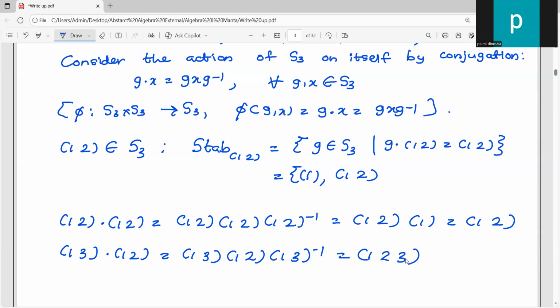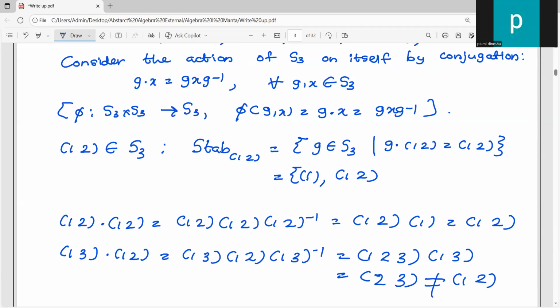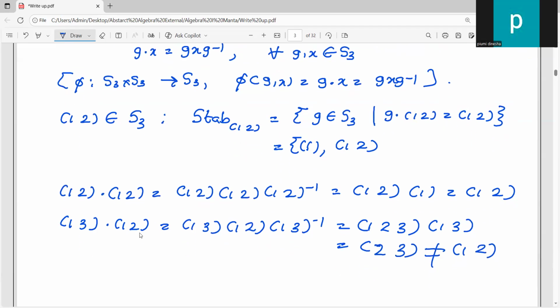This is actually (1 2 3) times (1 3). If you calculate this product, you see this ends up being (2 3), which is not equal to (1 2). Therefore, (1 2) will not be fixed by the element (1 3). So (1 3) does not belong in the stabilizer, right?